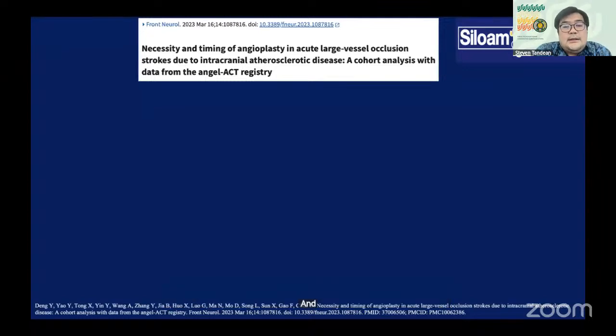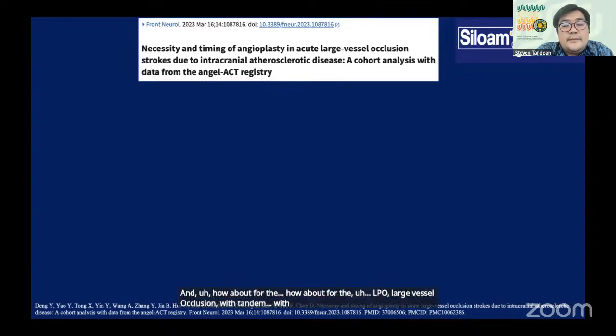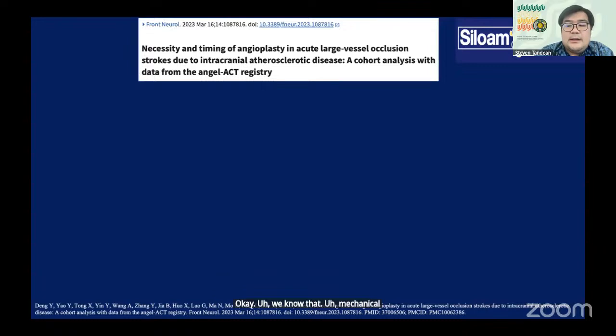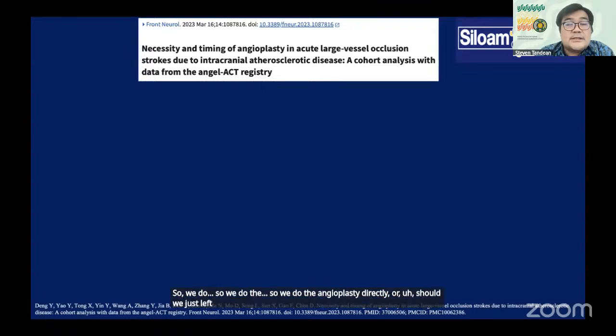And how about LVO, large vessel occlusion with tandem ICAT? We know that mechanical thrombectomy is a must, but should we do the angioplasty directly, or should we just leave the ICAT for the best medical treatment?